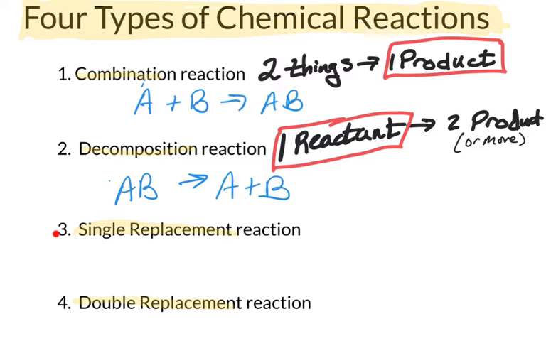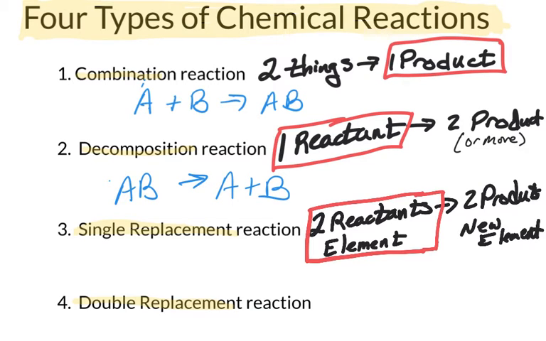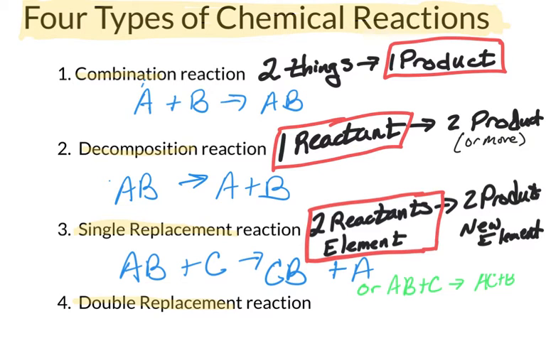In a single replacement reaction, we see that one of the 2 species in a compound is replaced by an element. And so a model for this would be if I have compound AB and element C, they react and they form a new compound, which might be something like CB plus A left over. And our last one is the double replacement reaction.